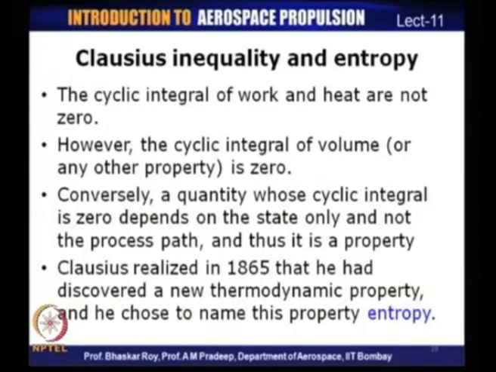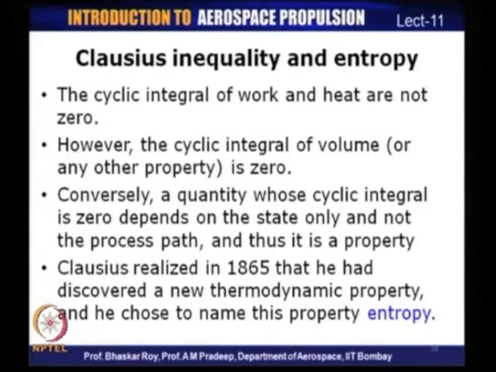Now, we already have seen that the cyclic integral of work and heat are not 0, but the cyclic integral of a property like volume, pressure, etc. is 0. And therefore, a quantity whose cyclic integral is 0 depends only on the state and not on the process path, and thus it should be a property.